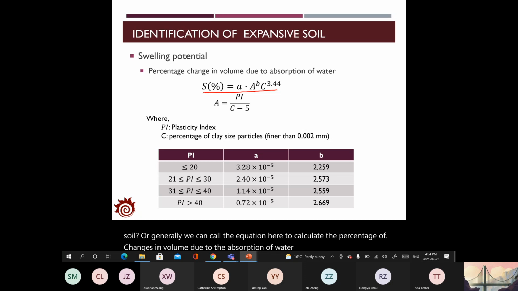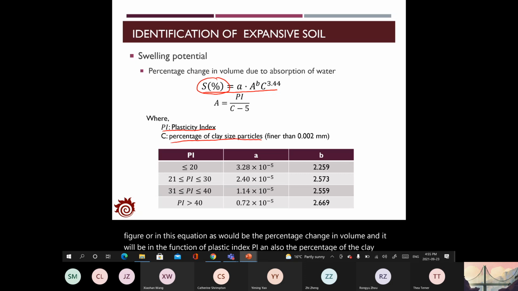In this equation, S is the percentage change in volume, and it is a function of the plasticity index PI, and also the percentage of clay-size particles, which is the portion with grain size less than 0.002 millimeters.